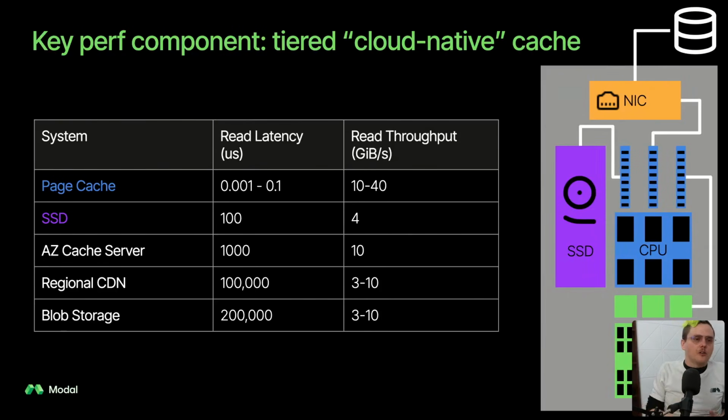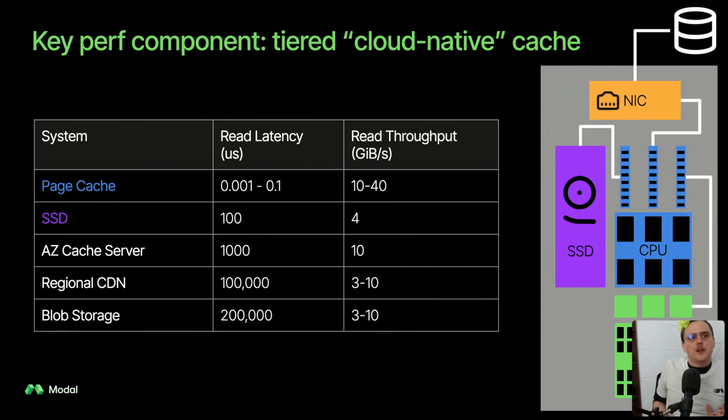If you want high performance applications, you need to write your applications to be native to that cache. In the cloud, there's a similar stack of caches at a much larger scale. So you still have the things that are available on your machine. The Linux page cache is a key target for us, to get stuff into the page cache so that things are serviced as quickly as they can be.